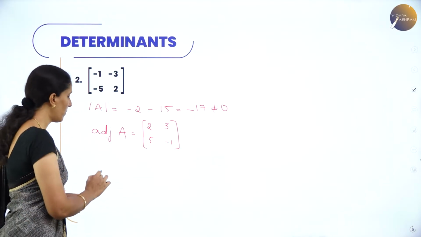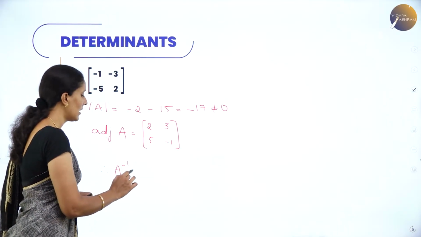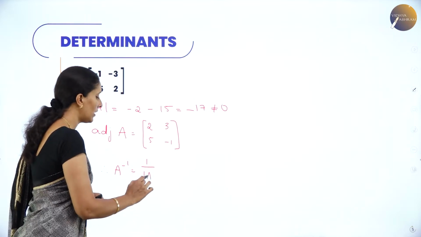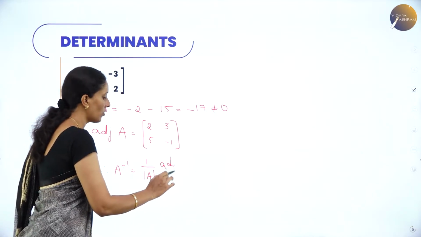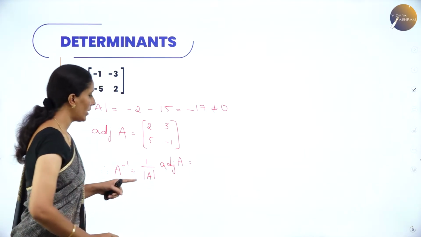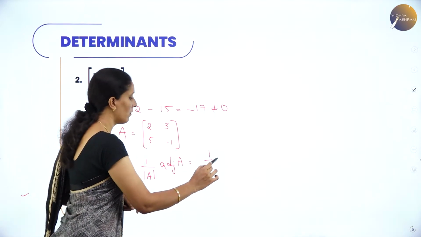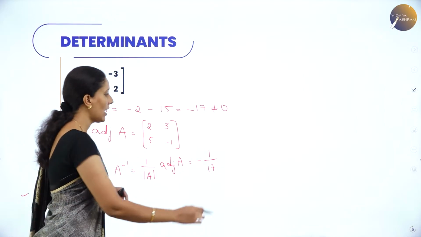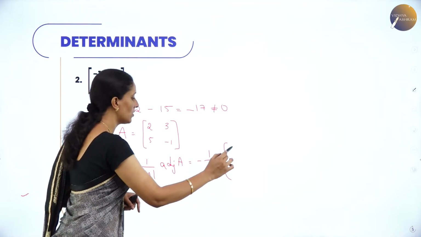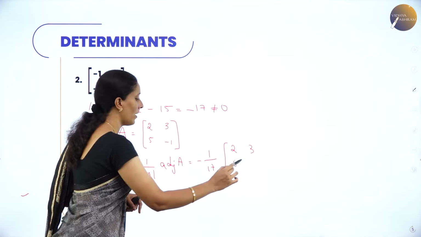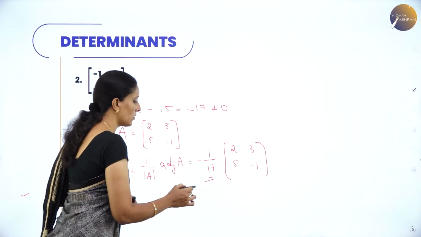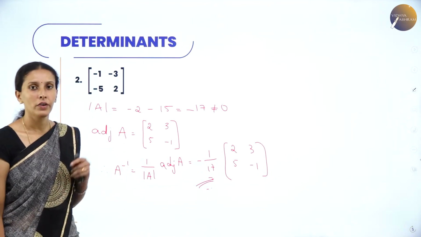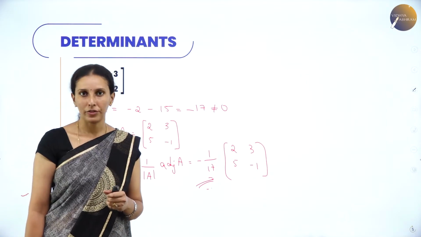So therefore, A inverse is 1 over determinant A into adjoint A. So 1 over determinant A means it is 1 over minus 17. We can write it as minus 1 by 17. And into adjoint A, that is 2, 3, 5, minus 1. So this is the inverse of the given 2 cross 2 matrix.